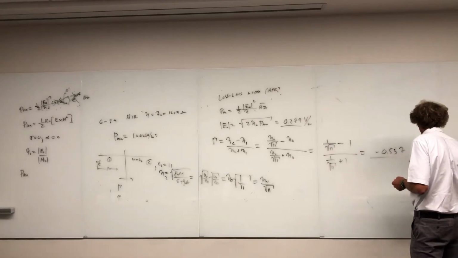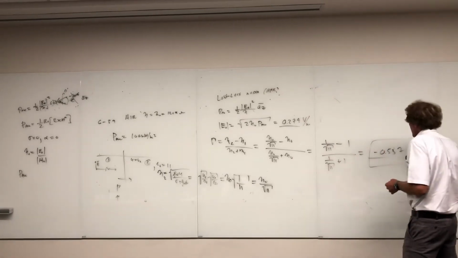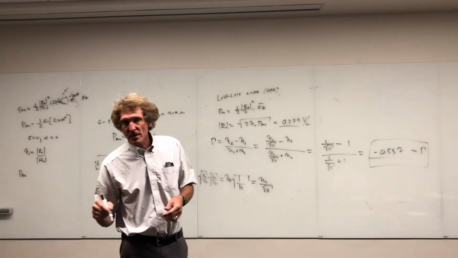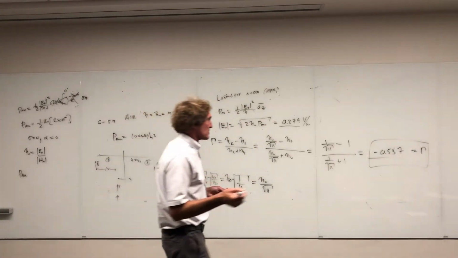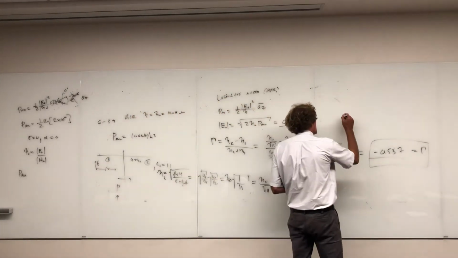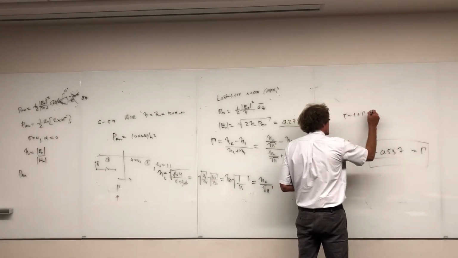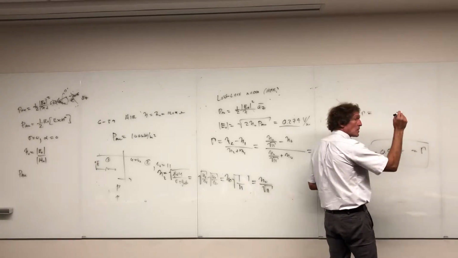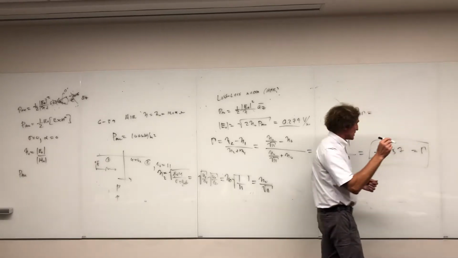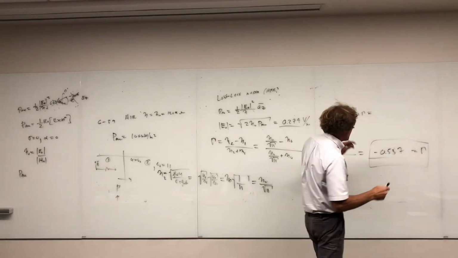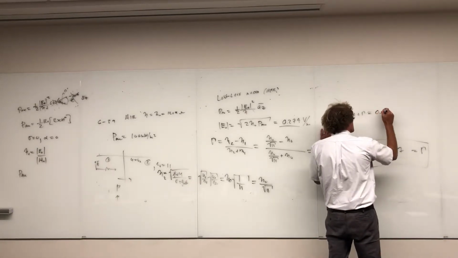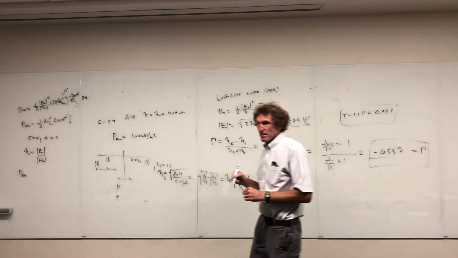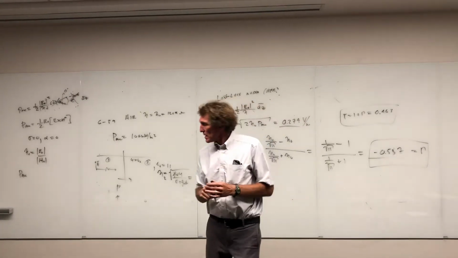What do I do to get the transmission coefficient if I have the reflection coefficient for a normal incidence wave? Just 1 plus it, right. So we get tau equal to 1 plus that, and what is that going to be? It's 1 minus that, which is 0.463. So now I have the transmission coefficient. Agreed? Class?